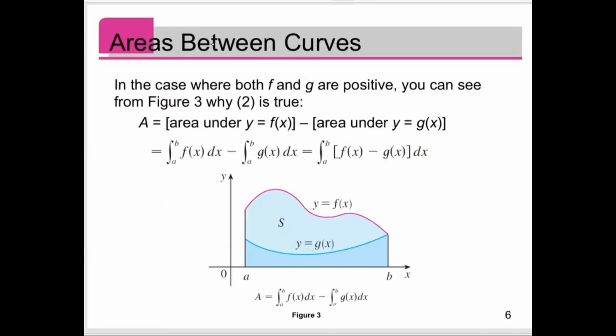We are actually calculating the area under y equal to f(x). If I'm going to draw, it will be from here, everything. The area under y equal to f(x) is bounded by y equal to f(x) and y equal to 0. And then the second thing, we just minus the area under y equal to g(x).